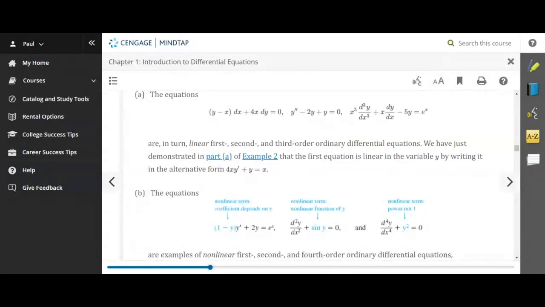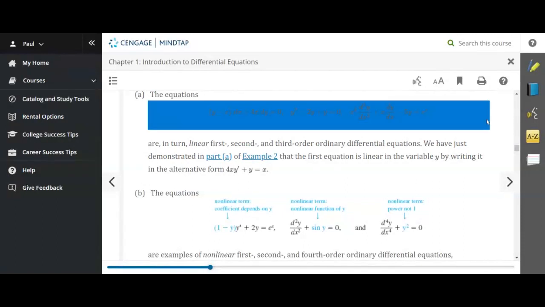Okay, so in part B, you see there in front of the differential equation is (1 minus y) times y prime plus 2y equals e to the x. So you see there in front of the y prime, they have a 1 minus y. Well, 1 minus y is not a function of x.